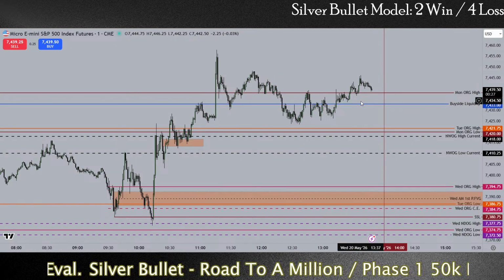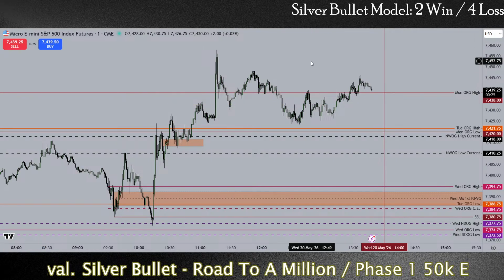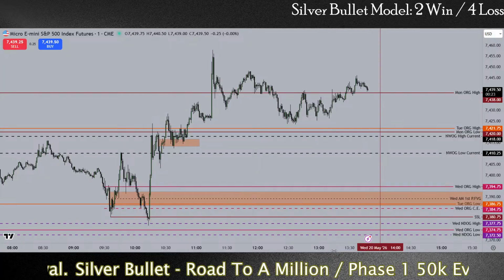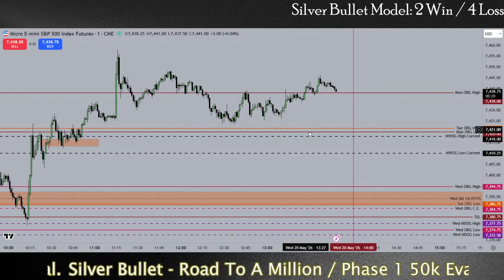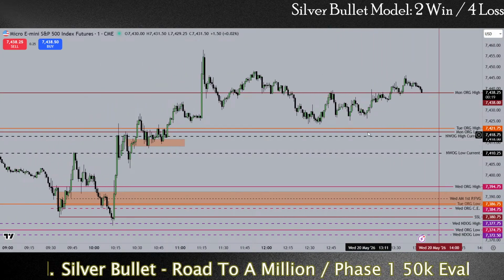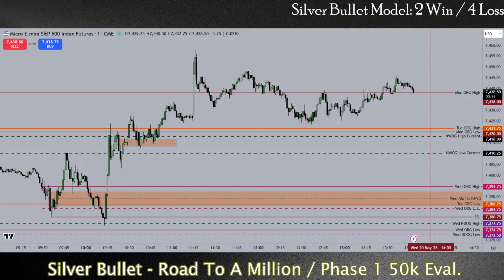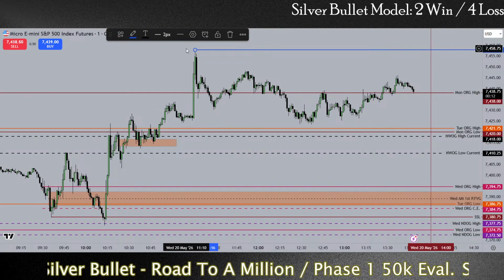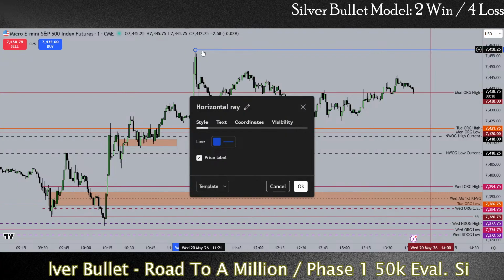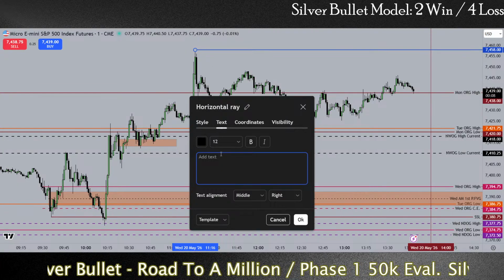So let me annotate the respectable liquidity pools that are salient for the time being. On the upside, it's obviously this buy-side liquidity that will rest right here.